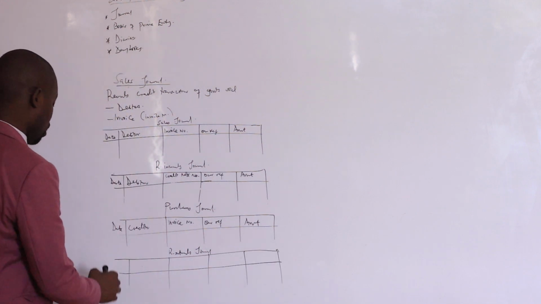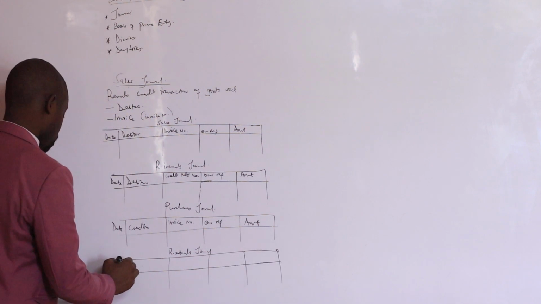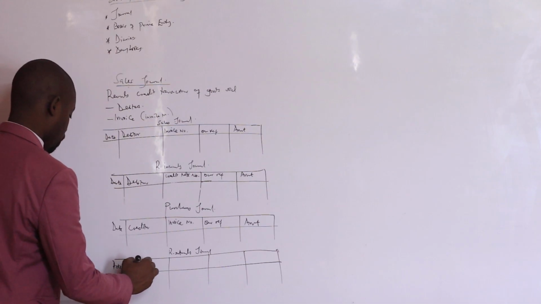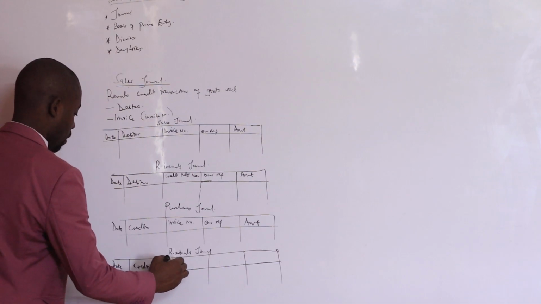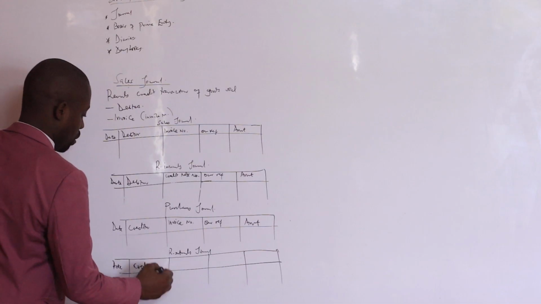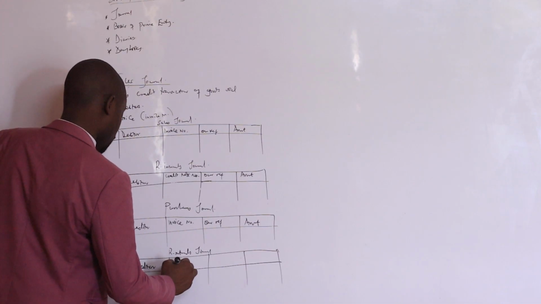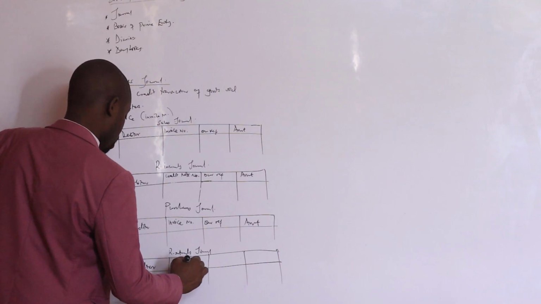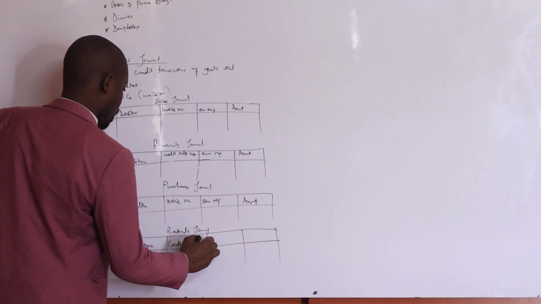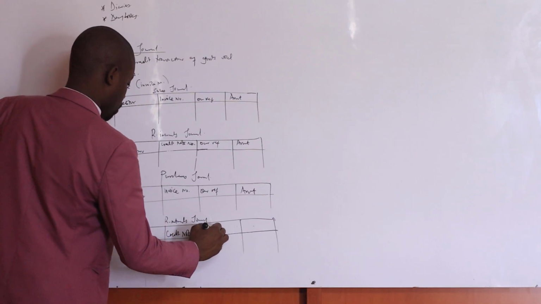A creditor. We'll have the date. Then creditor. Then what we call credit note number. I said for all returns, both in and out, it's a credit note. So credit note number. And who issued the credit note?